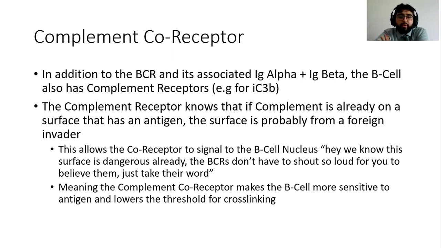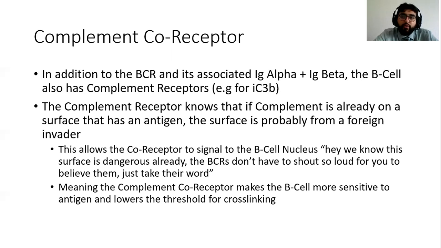And so this complement co-receptor can signal to the nucleus essentially, oh, hey, the fact that there is iC3b depositing on this membrane means that our innate immune system has already tagged this specific surface as being that of a pathogen. Therefore, we know it's already dangerous.